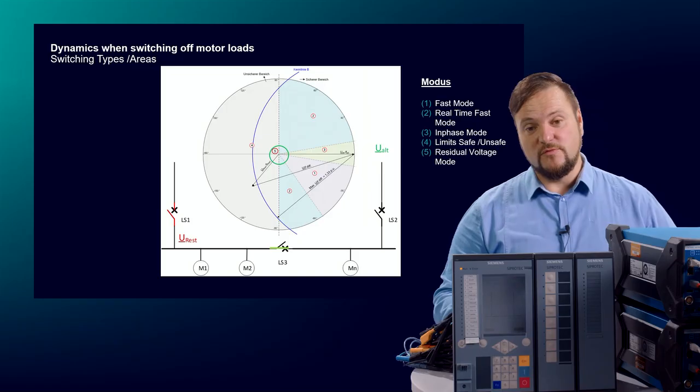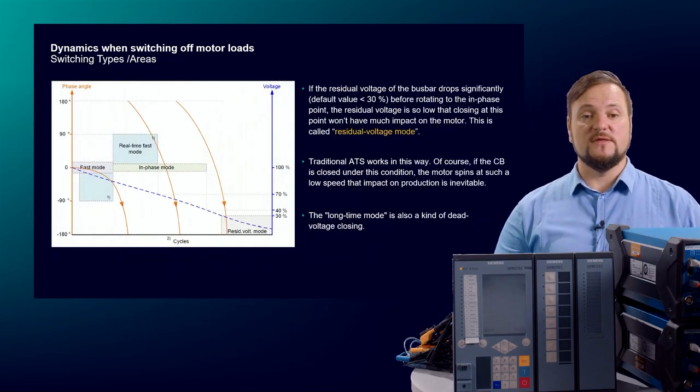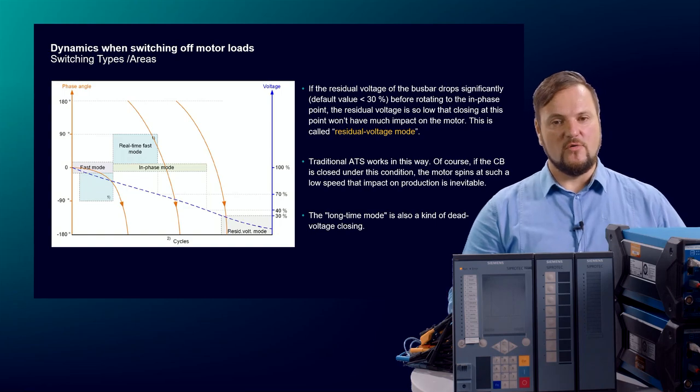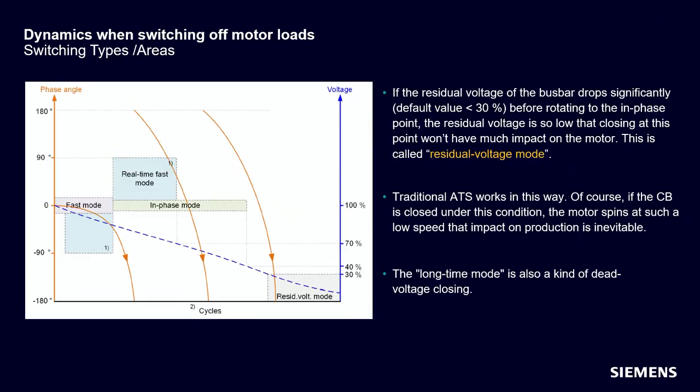That's not the whole truth. We also have the possibility to transfer in the residual voltage or in a long time mode. When the voltage goes under 70%, for example, then we have no chance to transfer anymore, and we have to wait until the voltage is under 30%, so that when we transfer the motors or the load on the bus, the impact torque and the impact current are not so high.